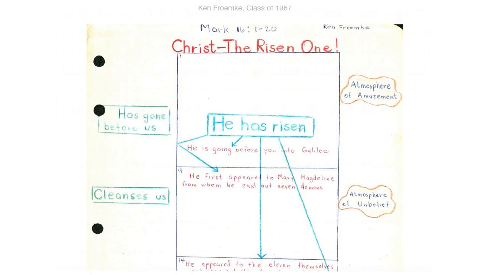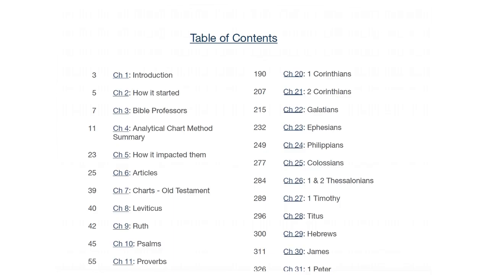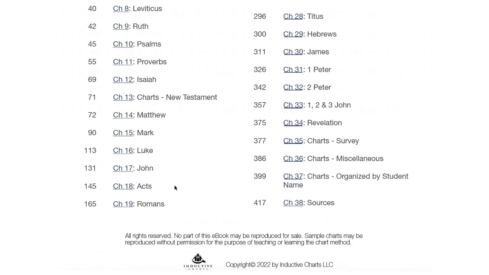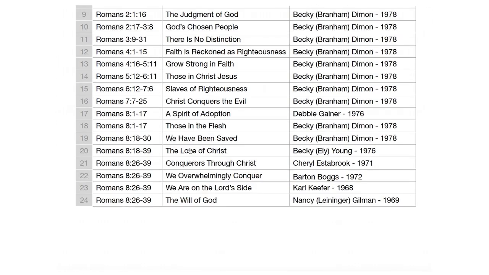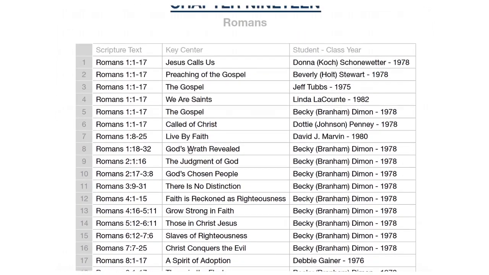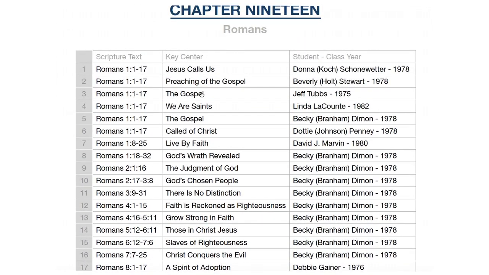Now, before we go looking at the paragraph phrases and points, I think we should view a few more charts just to get used to looking for the key center and the master title. So let's go to the table of contents on page 2 and look at the book of Romans. And let's look at a chart by Jeff Tubbs on Romans.